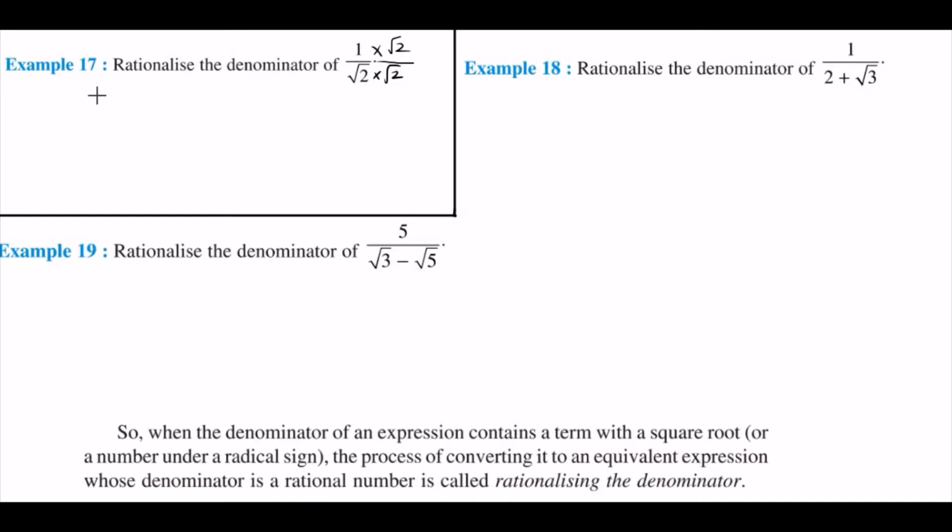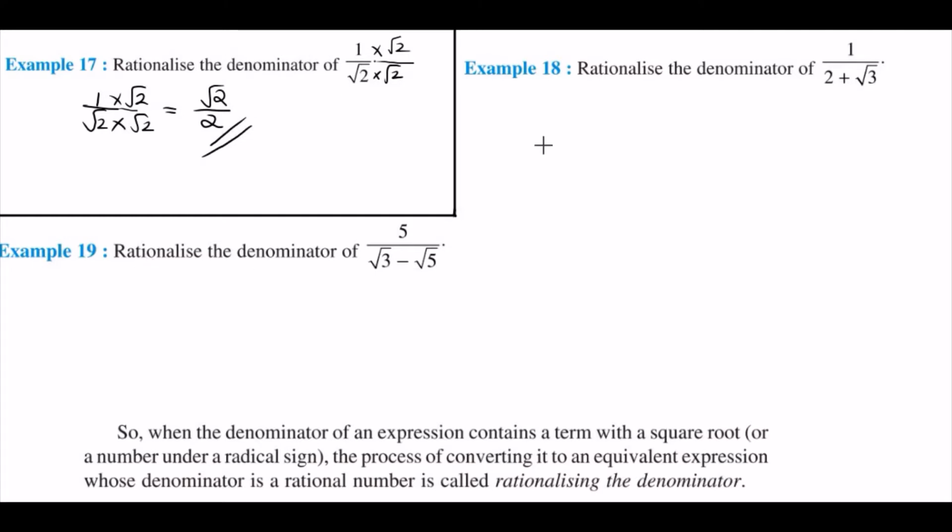Now you can rationalize this number by multiplying the denominator by root 2 and the numerator by root 2. That is, we are trying to make the denominator as a rational number. That is root 2 into root 2 is 2, and in the numerator it will be root 2. So this is the expression after rationalizing the denominator.